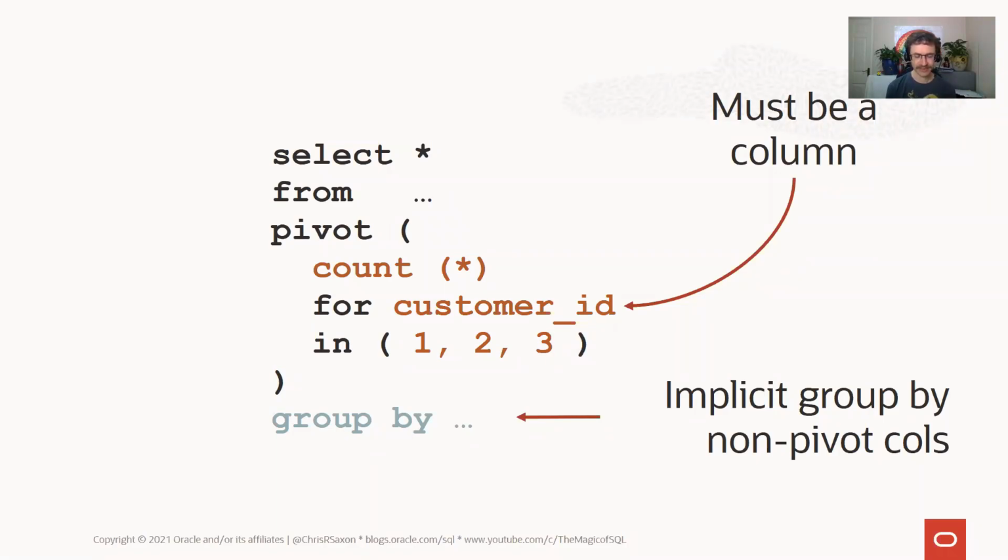So there's a few things we might want to do here. We might want to apply a function to this column, and we want to remove this implicit group by. There's only some columns we want in the output. So to do that, what we need to do is access the table in a subquery, and then here the subquery will do any formatting of the pivoting columns and restrict the output to just the columns that we want to pivot on or in our final results.